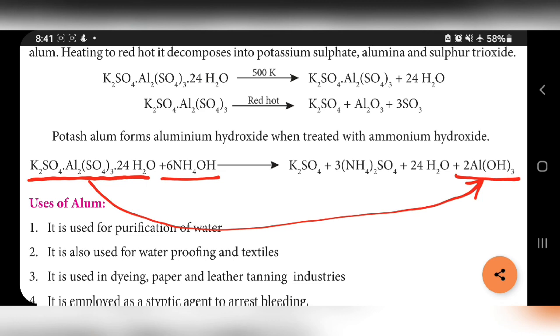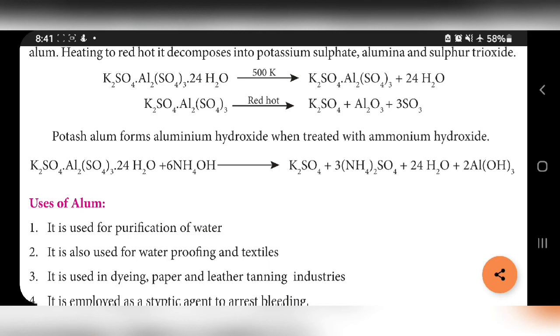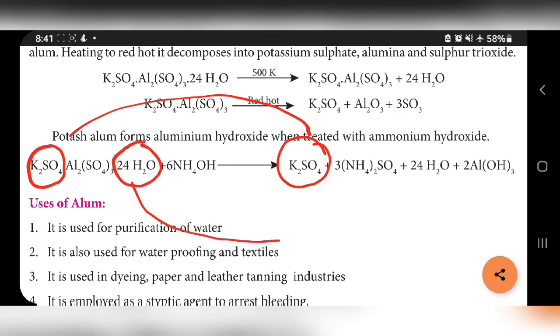So, what happens when potassium alum is treated with ammonium hydroxide? You have to write this equation. See this equation, this K2SO4 forms here, and this 24H2O is also formed as a separate product.